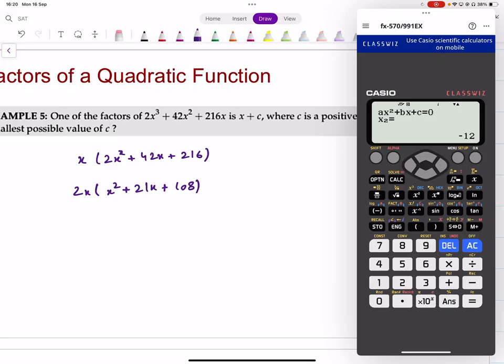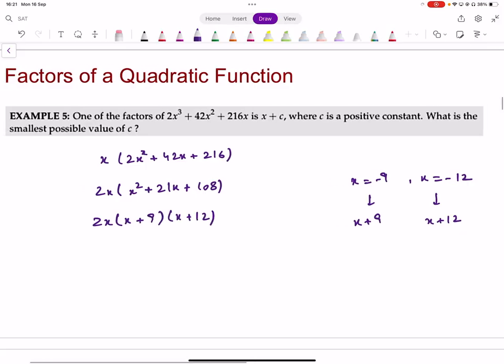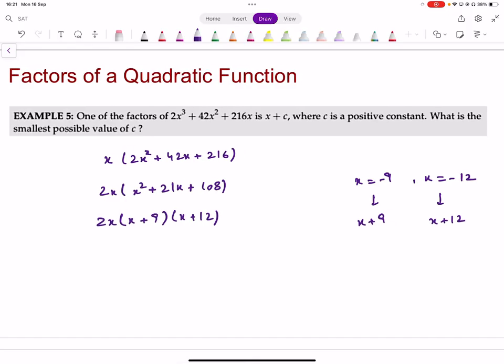And now put this on your calculator. That gives you x equal to minus 9 and x equal to minus 12. What that means is, one factor is x plus 9 and the other factor is x plus 12. Is this all right? So the factorized form is 2x into x plus 9 into x plus 12. Okay, factorized, done.